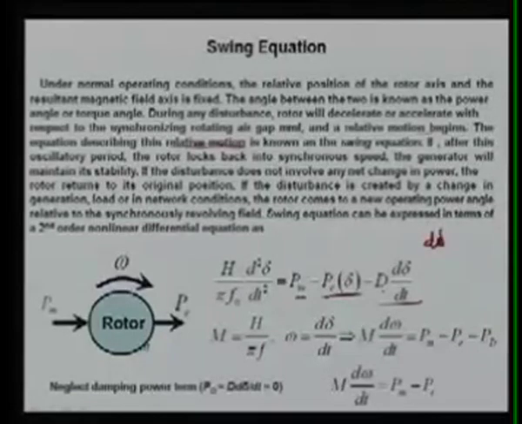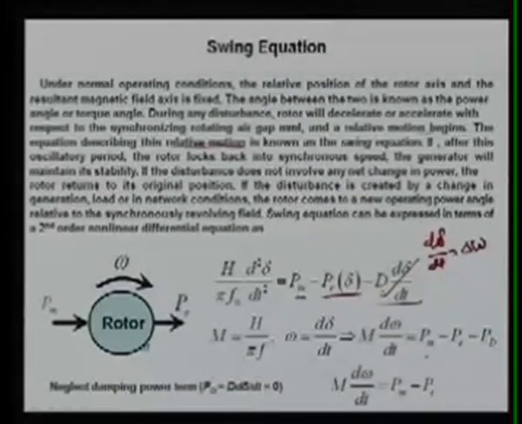Basically this d delta upon dt is nothing but the change in speed. If we neglect this damping term, as in the classical analysis we always neglect this, we will have the equation like this.